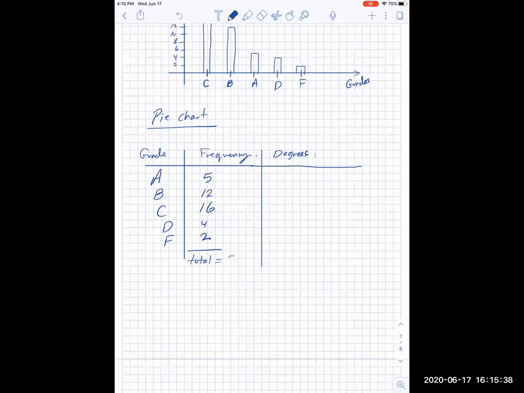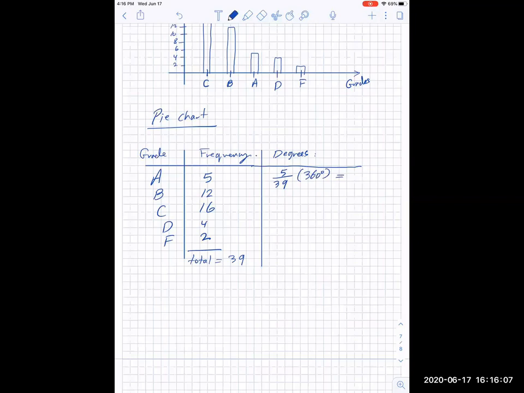That's 39. I'm just checking, guys. 6 plus 16 plus 17, 39. So I'm gonna take each frequency divided by 39 and then times it by 360 degrees.